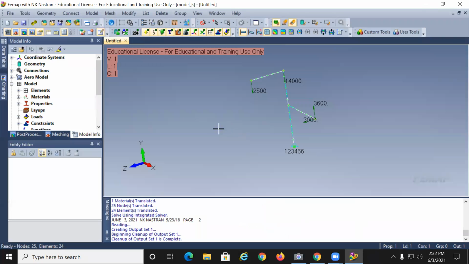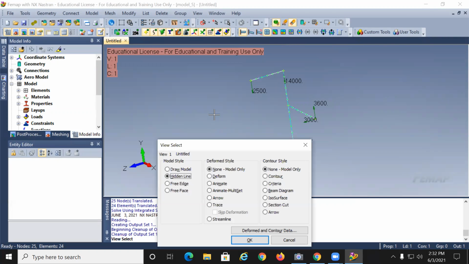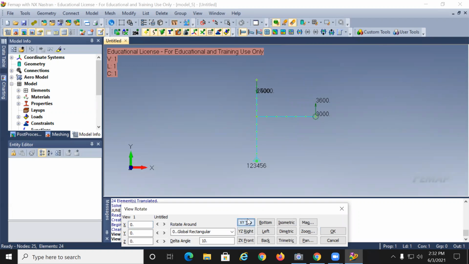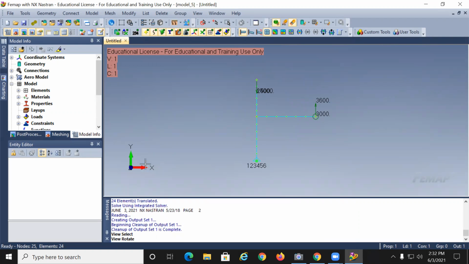Okay, so now this is the problem I always have with this type of element. This is not what I want to do. F8, so let's see XY top. You see, it's always this one. You see the coordinate system is not exactly the same as the one we have, no? So that always creates a problem.